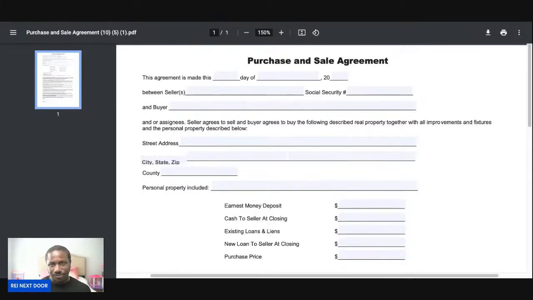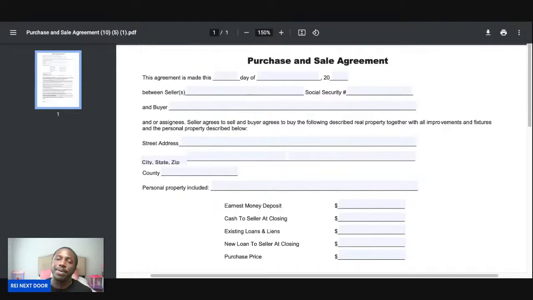So if it's a $100,000 property, I may put $100 or $500. It depends on how I feel about that seller. But you put whatever you can actually do, and then if the seller says something about it, then you can adjust it, right? So cash to seller at closing, that's going to be your purchase price right here.